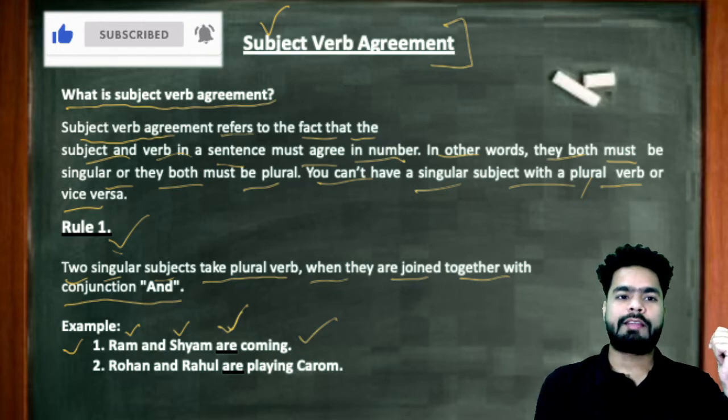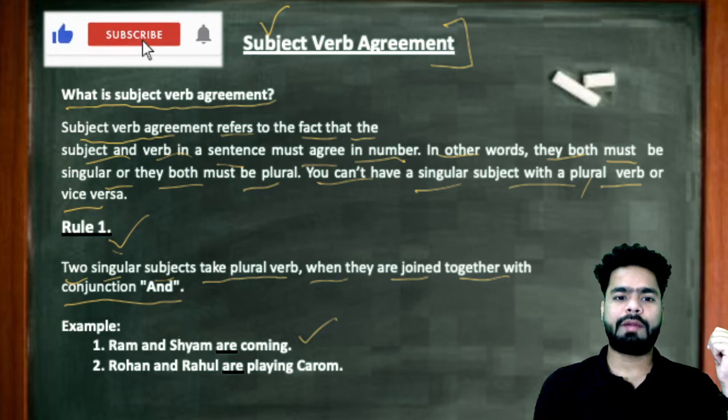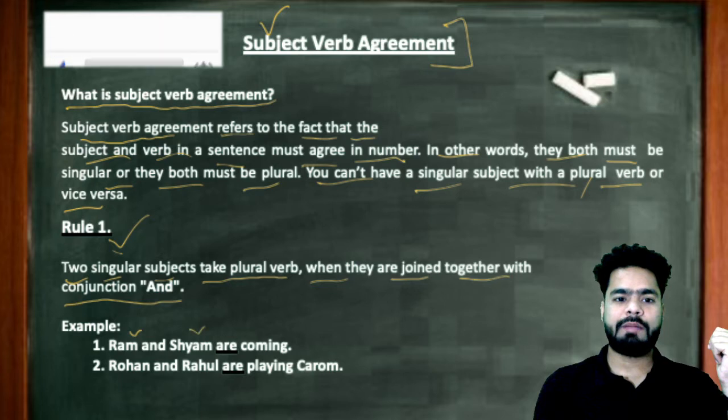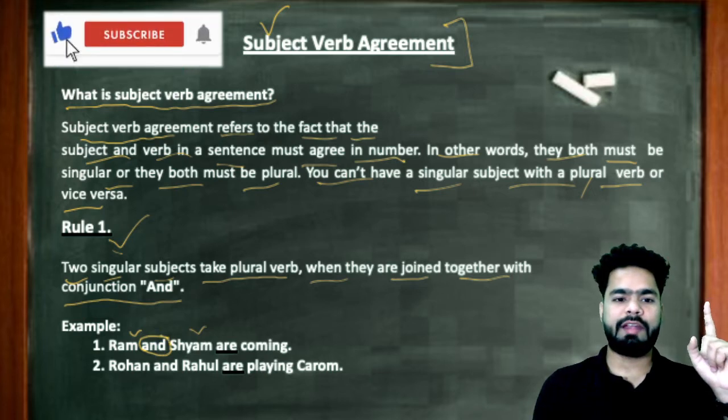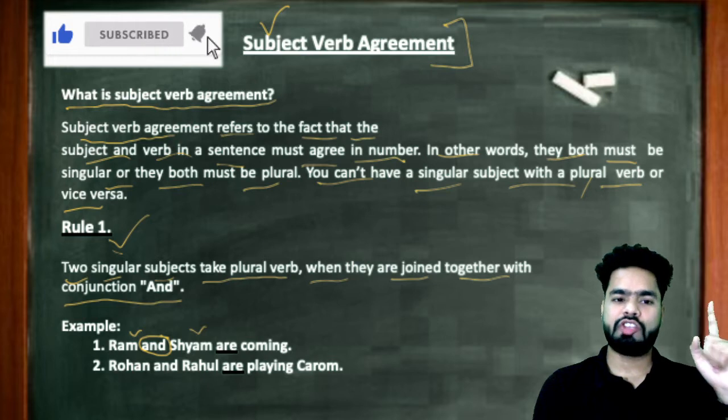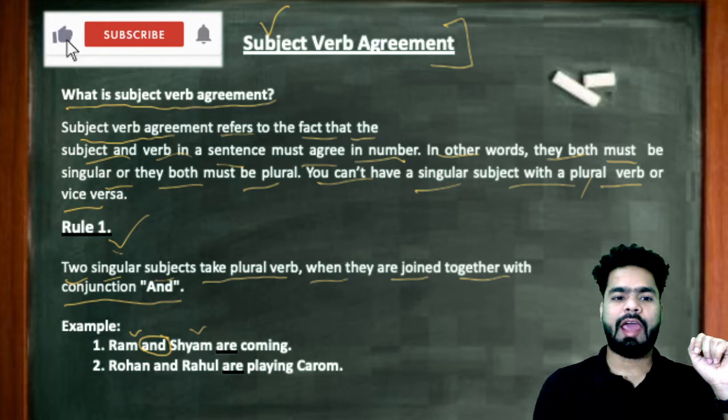Here we have example number 1, which says Ram and Shyam are coming. Here we have conjoined two singular subjects. One singular subject is Ram, another singular subject is Shyam, and we have added both together with the conjunction and. So in this case our subject becomes plural.